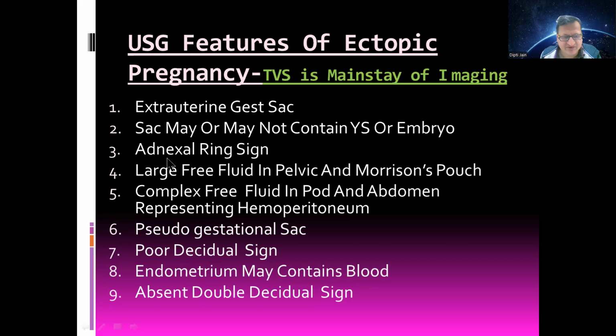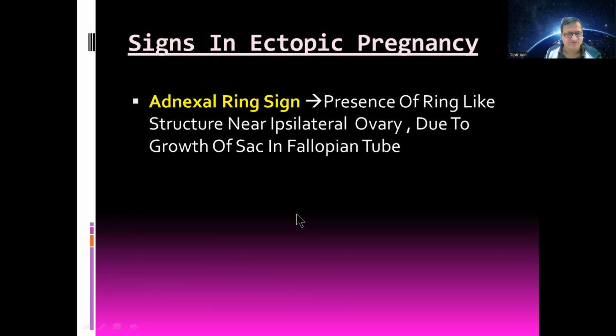There may be an adnexal ring sign, large free fluid in the pelvis and Morrison's pouch, complex free fluid in the pouch of Douglas and abdomen, which represents hemoperitoneum, pseudogestational sac, poor decidual sign, endometrium may contain blood, absent double decidual sign. These are the USG features of ectopic pregnancy.